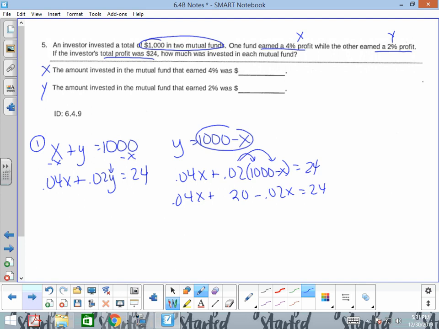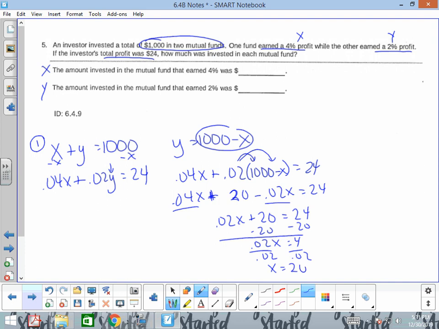That's not 0.20, it's just 20. We just put 20. All right, so combine like terms. I have 0.02x plus 20 equals 24. Subtract 20. 0.02x equals 4. Divide by 0.02, and x is equal to 200.